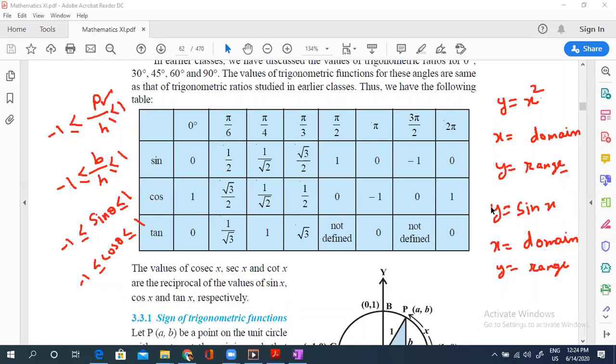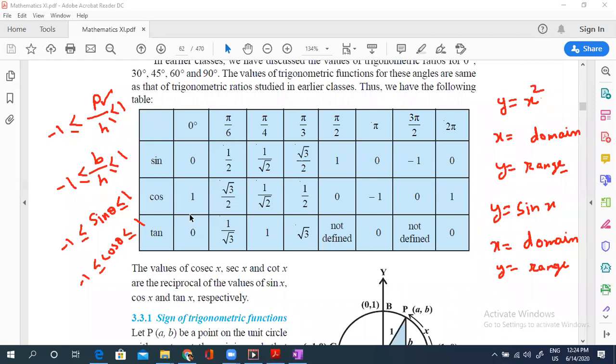Or any number, by the way. Okay, it should be real. Now, the range of sin theta and cos theta is -1 to 1. Got it? Yes or no? Okay? Everyone got this?